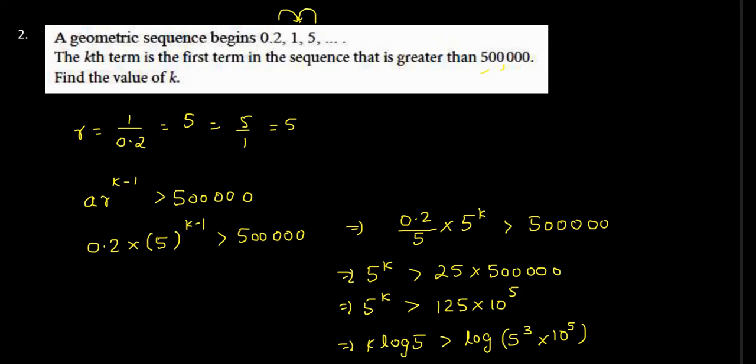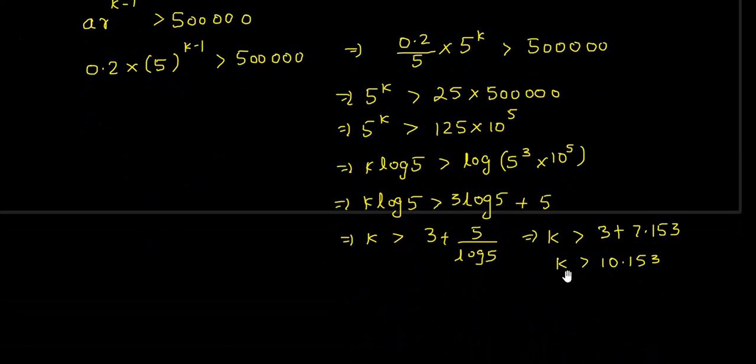So we have to find a value of k such that k is an integer and greater than 10.153. The next integer after 10.153 is 11, so k is 11.